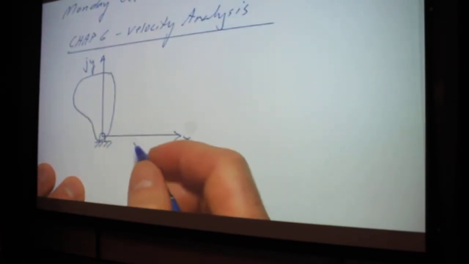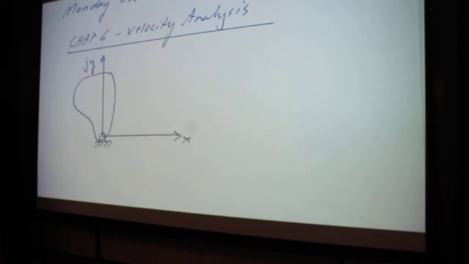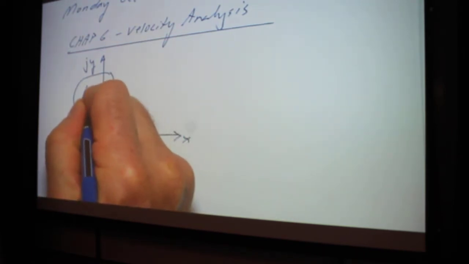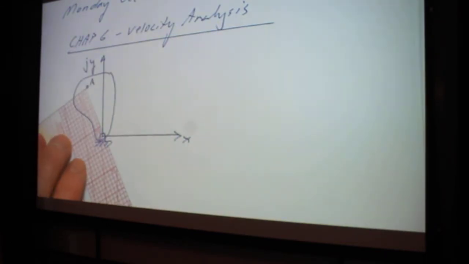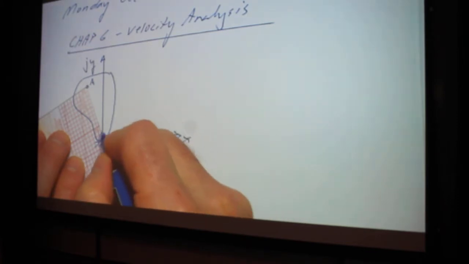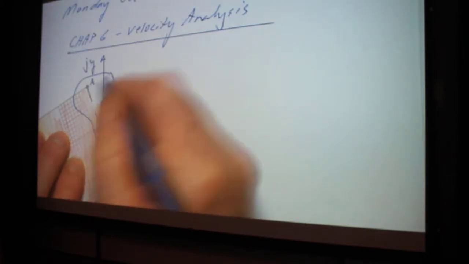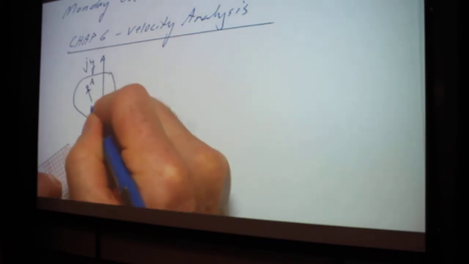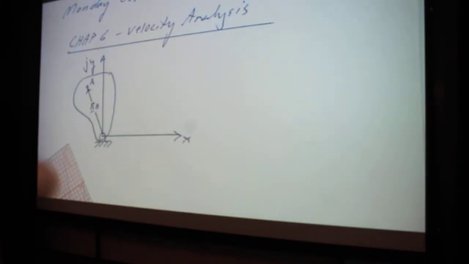And so what we do here is we look at a point A. If we draw a vector up to that A, we already know what we can call it from the position analysis perspective. And that is our A. We're going from O to A, so I don't have to include the O in that subscript, so it's just RA.